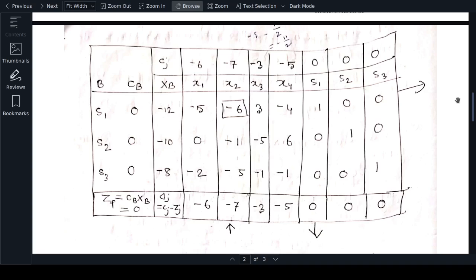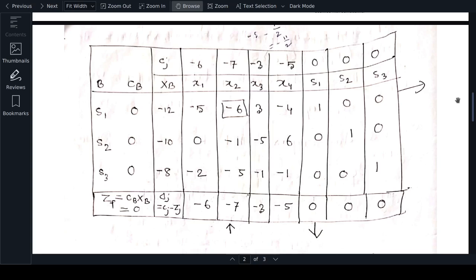So our x2 column will be the incoming vector. If the x2 column is the incoming vector, then our pivot element will be -6. The intersecting element is the pivot element. So the first row and x2 column intersect at -6.